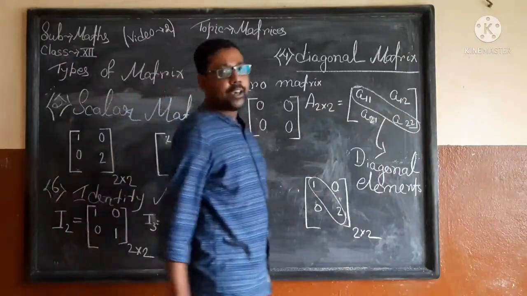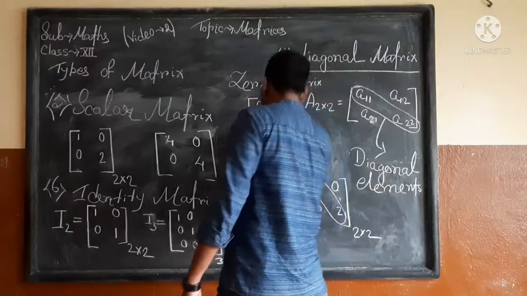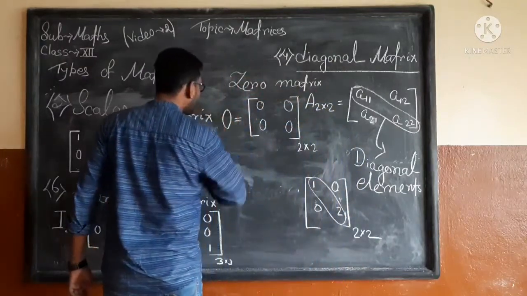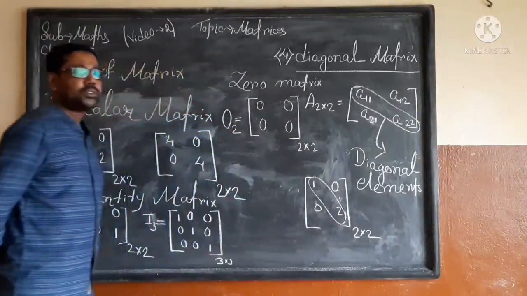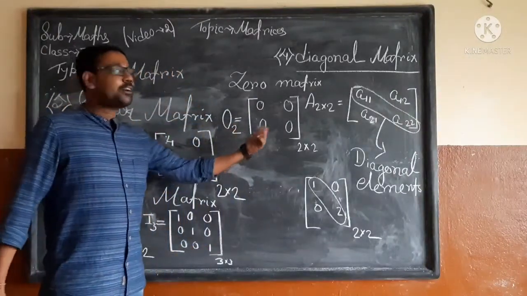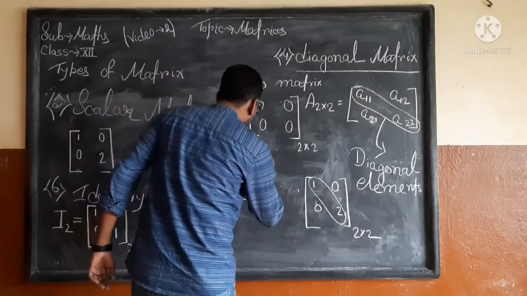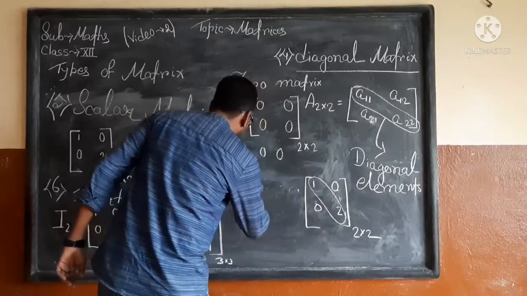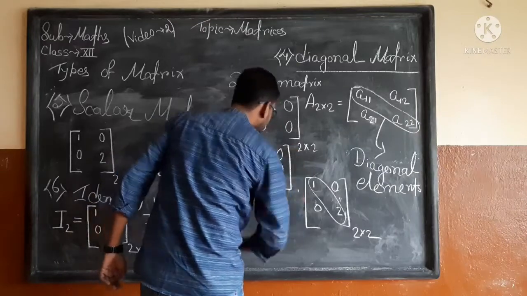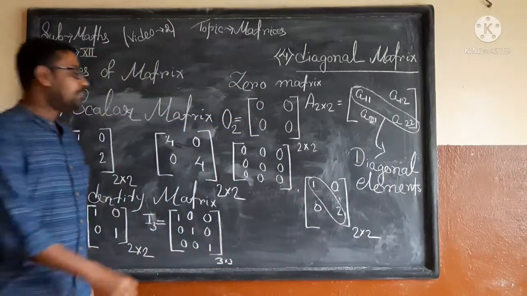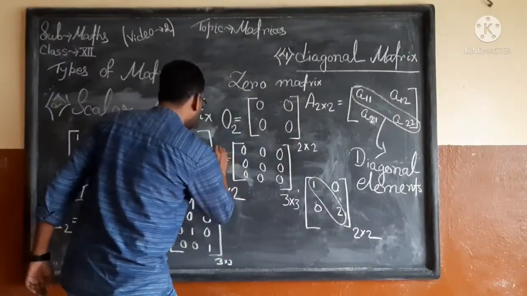It is also a square matrix, and the order of this matrix is 2 cross 2, and it is represented with a special symbol, sometimes written O2, which denotes the order of this zero matrix. This is the example for the 3 cross 3 zero matrix, and sometimes we use zero.